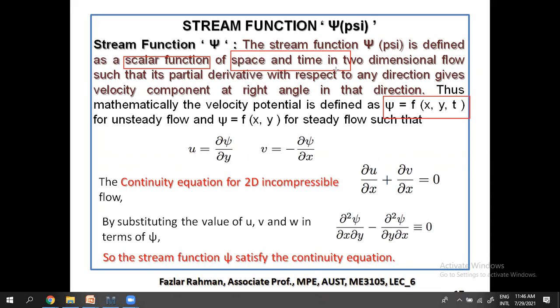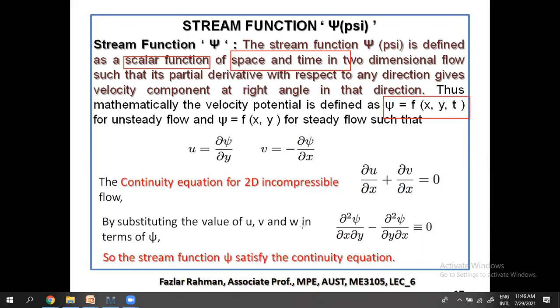In space and time, it is a two-dimensional flow, such that the partial derivative with respect to any direction... Remember that a stream function or streamline should be in one plane, in a single plane, either xy, yz, or xz plane.